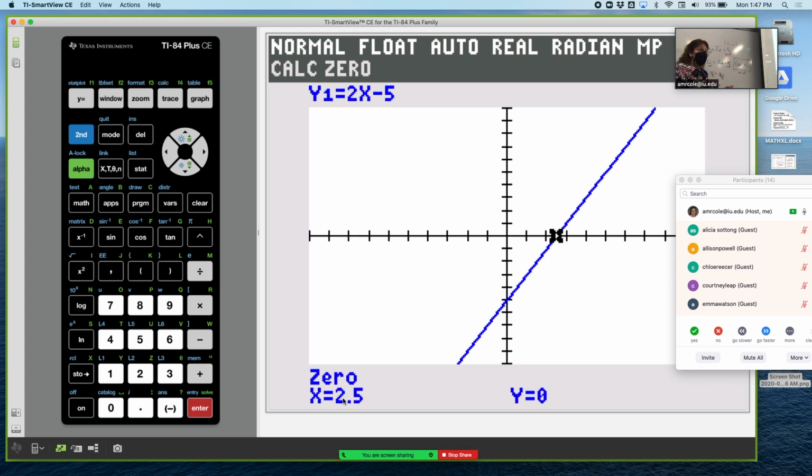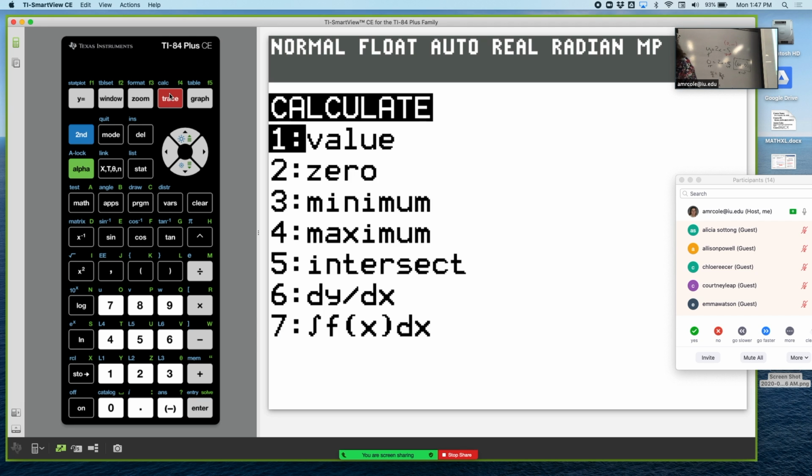But if we don't know what it is, the calculator will do it for you. I'm still on my graph here. If I do second calc, there is tons of stuff in that second calc. Nowhere on that list does it say y-intercept. So you just have to know that if you're trying to find a y value, you're going to hit number 1.